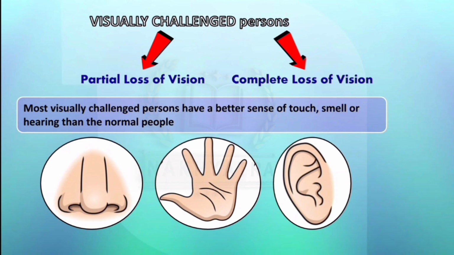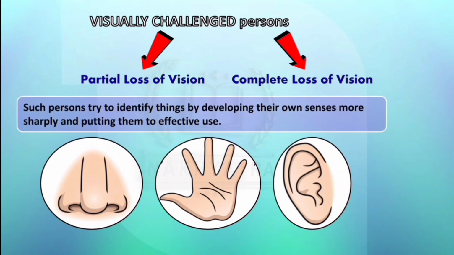So such persons identify things by developing their own senses more sharply and putting them to effective use.